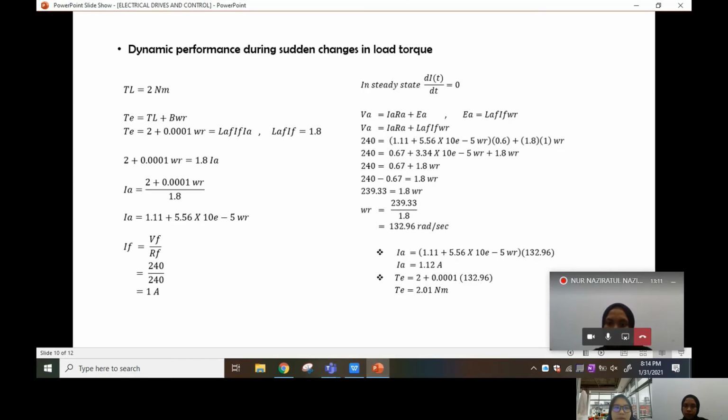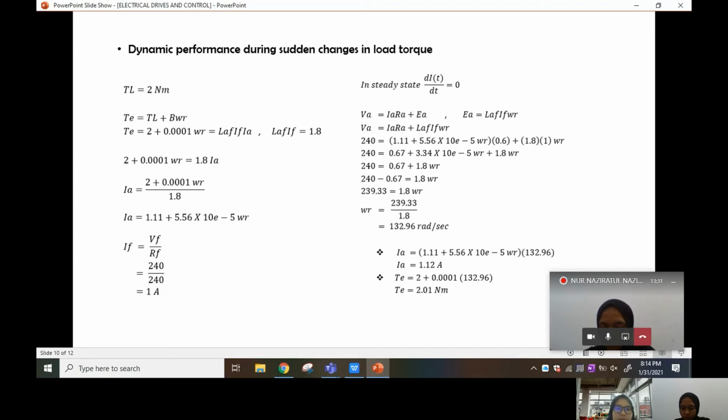Next, this is the calculation for dynamic performance during sudden change in load torque when TL equals 2 Nm and VA is 240. Then we still apply the same formula.